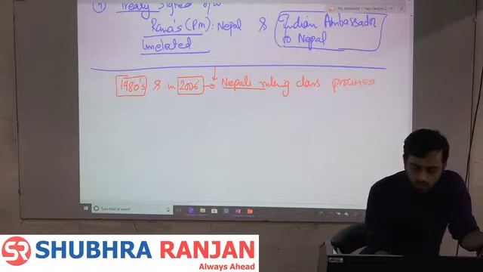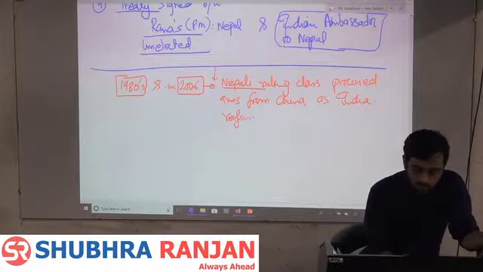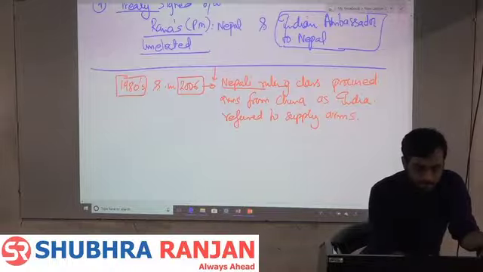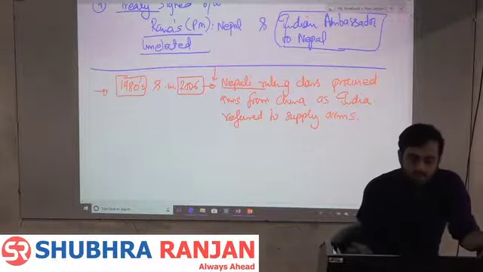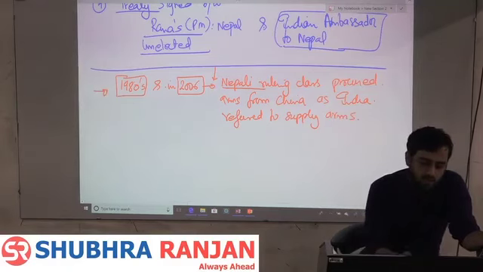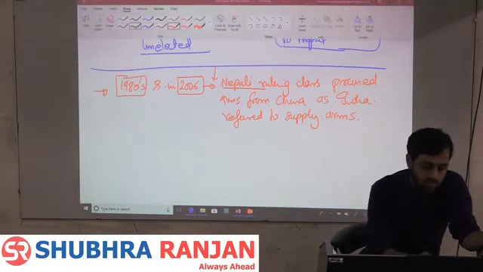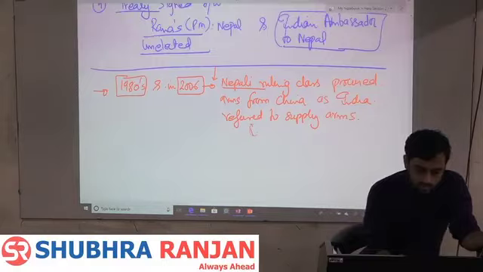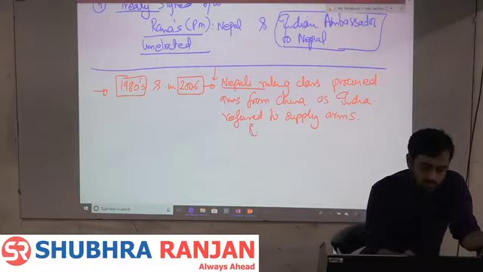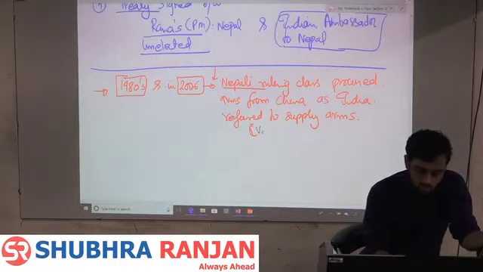Procured arms from whom? China. As India refused to supply arms, which is very easily what? A violation of the treaty. Which is actually a violation of the treaty also.